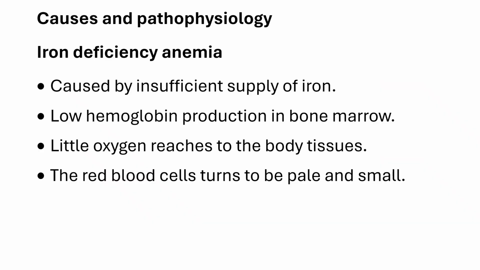Causes and pathophysiology. Iron deficiency anemia is caused by insufficient supply of iron, low hemoglobin production in bone marrow, and little oxygen reaches the body tissues. The red blood cells tend to be pale and small.